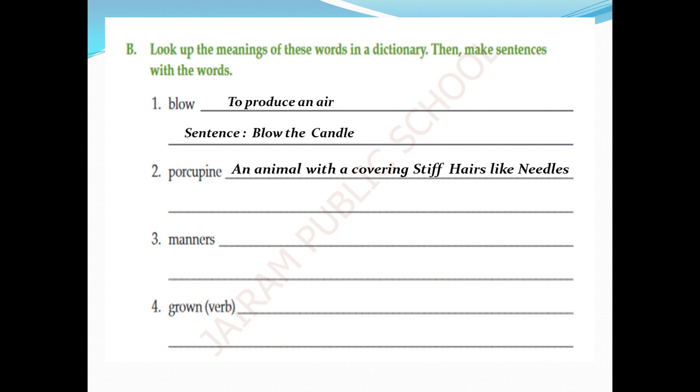Likewise, you go for the next words, manners and grown. Grow, grew, grown. This word grown has to be used as a verb. The plant has grown 5 inches. Likewise, you write.